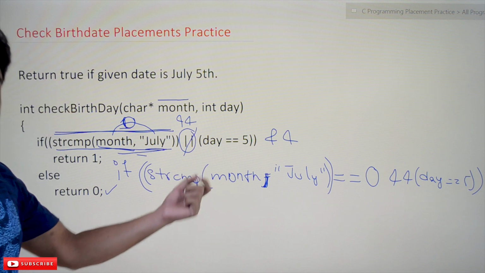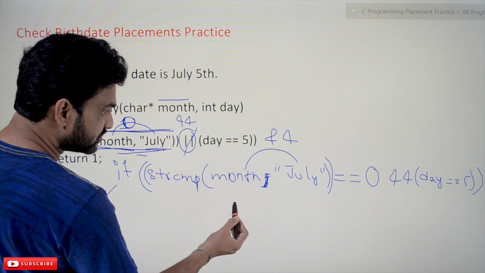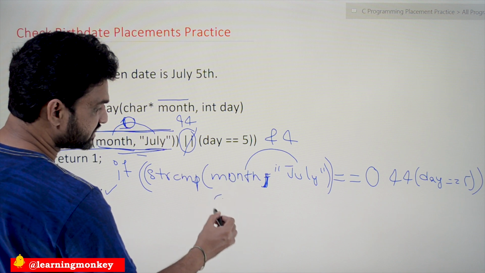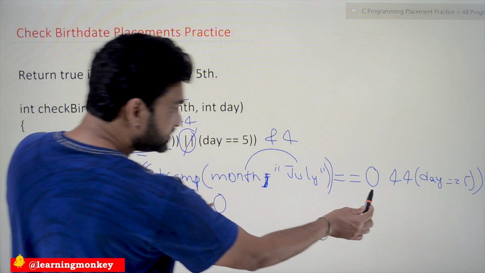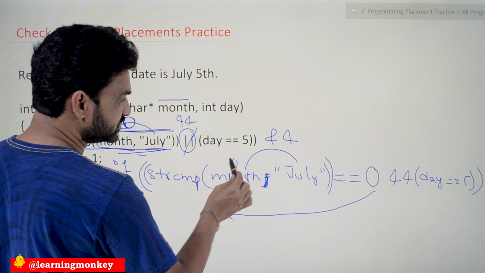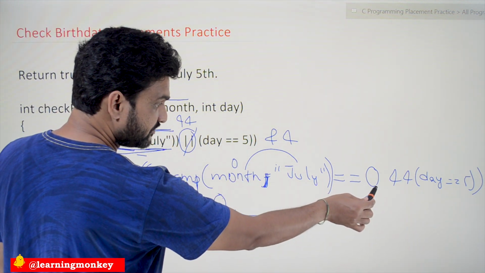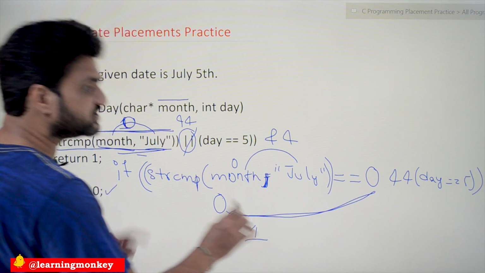Here what happens is, if the month is equal to July, the string comparison function is going to produce an output of 0, and this 0 is compared with 0, so by this comparison it is going to produce an output of 1. Now this is true.